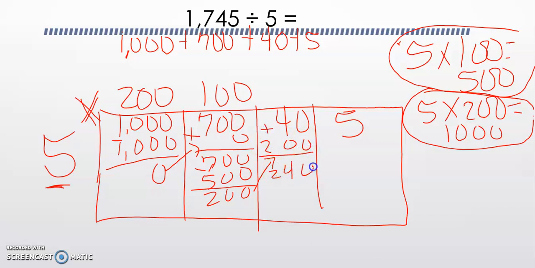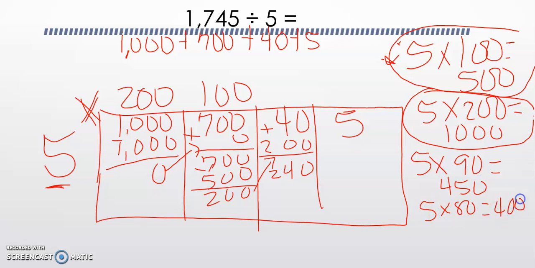Gives me 240. And I'm looking now, what can I multiply 5 by to get 240? So I need to go backwards because my very first one is 500 and is way too much. So 5 times 90 gives me 450. 5 times 80 gives me 400. 5 times 40 gives me 200.